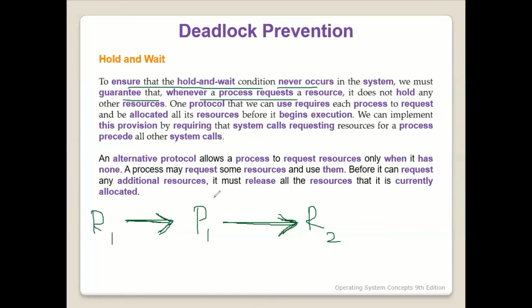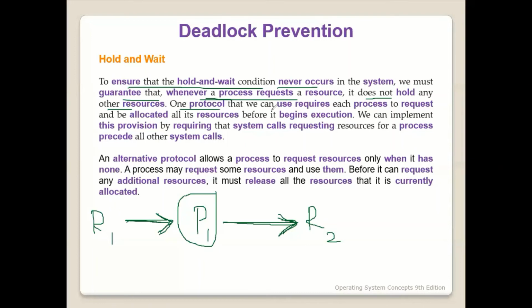Let's assume this process is holding a resource and it is requesting another resource. So whenever a process requests a resource, it doesn't hold any other resources. So when P1 is requesting, make sure that it doesn't hold any other resources. I will come back to the point.